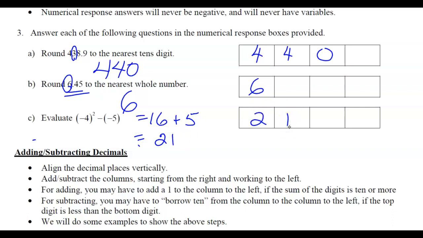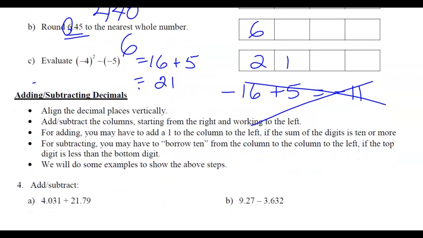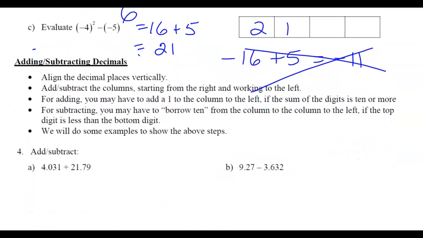Okay, if you said, oh, -4 squared is -16 plus 5, you would have gotten a -11, and you should know that that is incorrect because you can't have a negative in a numeric response question. We would ask you to show work for that type of question in a written response, or maybe a multiple choice where one of the answers was negative if it was supposed to be. Okay, so that's how you fill in those.